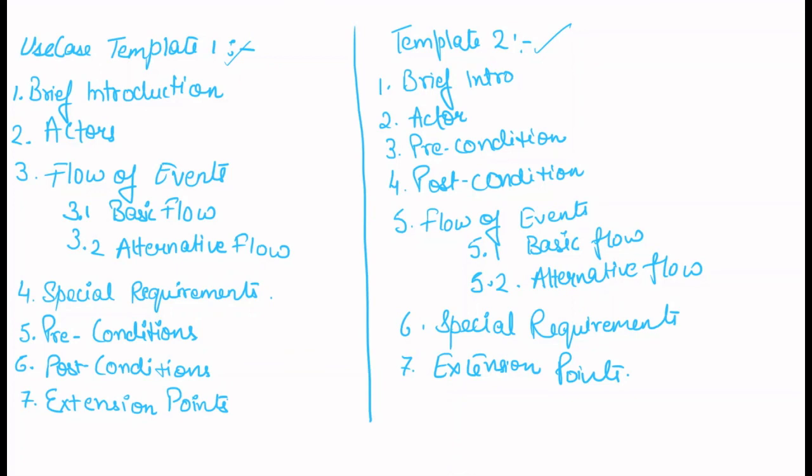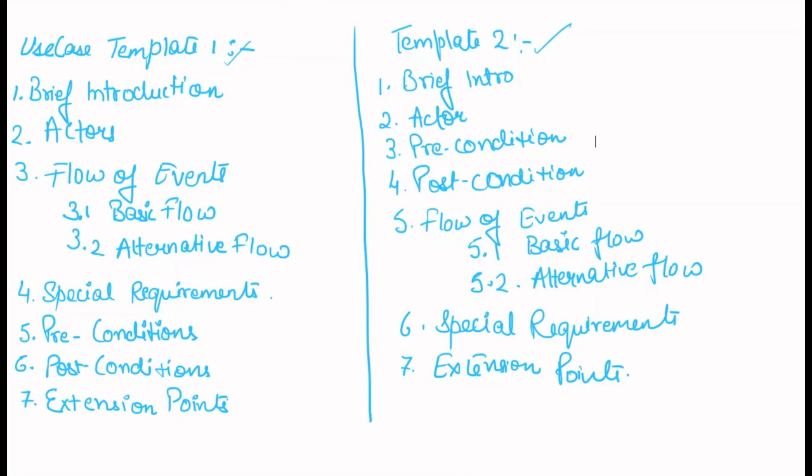The fourth point is the special requirement, where we mention the business rules as per the requirement in a use case narration as well. These business rules can be used for writing the test cases as well, and both the success and the failure scenarios should be described here.